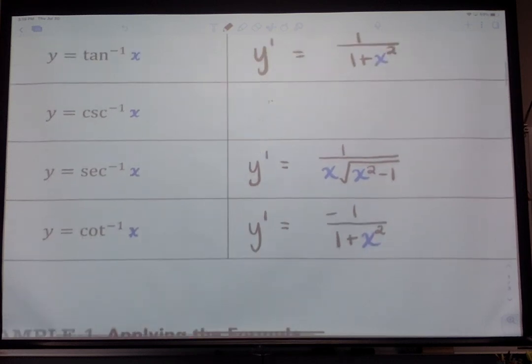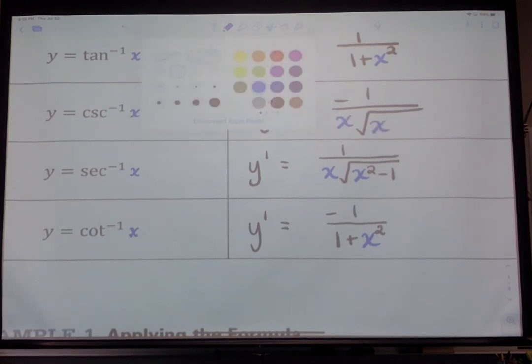And then this one is the worst. It's the negative version. Negative 1 over, like that.